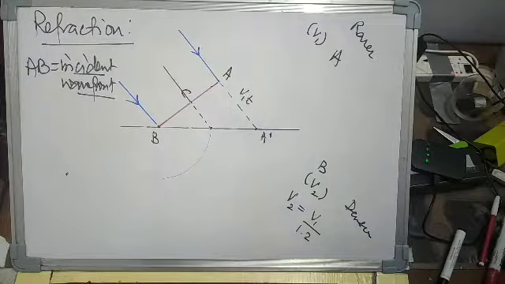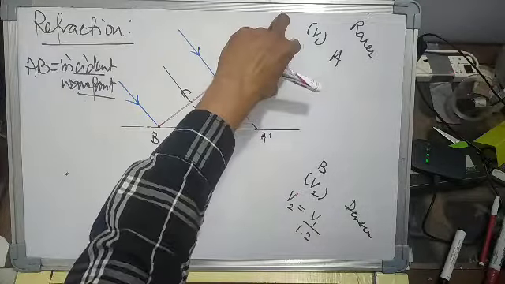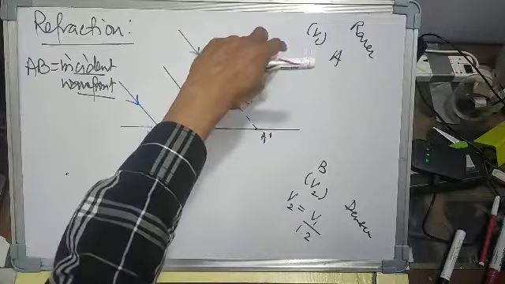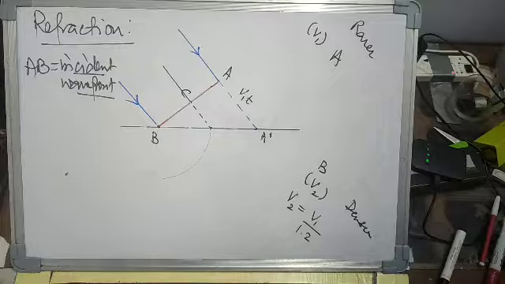So the left out distance is 4.5 centimeter in this medium, and what will the corresponding distance be in the other medium? In the same time it takes to cover 4.5 centimeter here, how much will it cover in this medium? 1.2 times less.